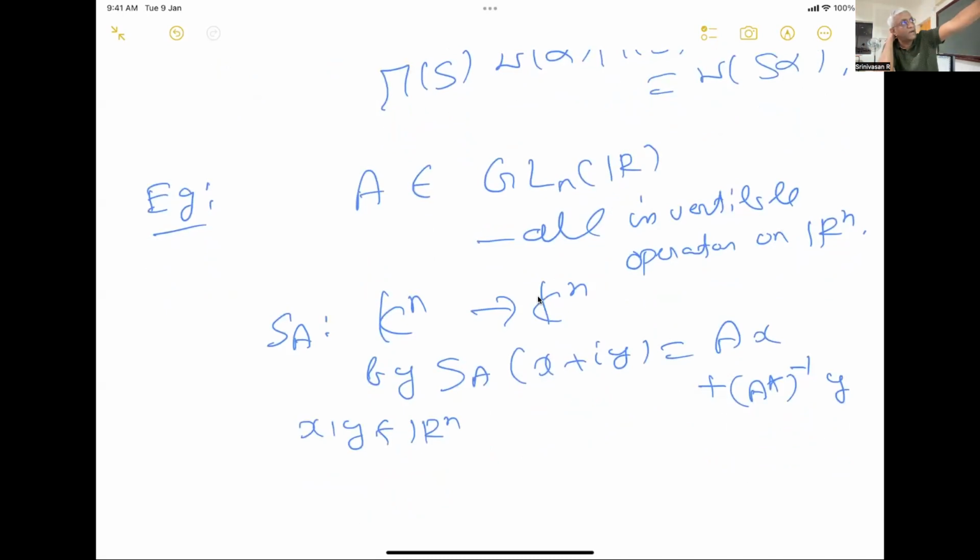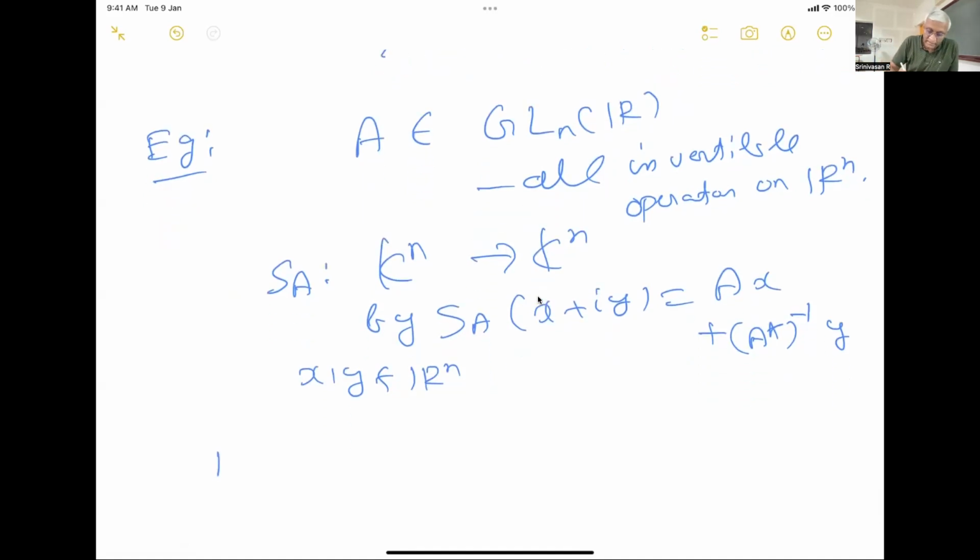So given an invertible operator on Rn, that is, GLn(R), meaning n cross n invertible matrices, you can define SA: the real part acts as A, and the imaginary part acts as A star inverse. Then you compute the imaginary part of the inner product of x1 plus iy1 and x2 plus iy2.